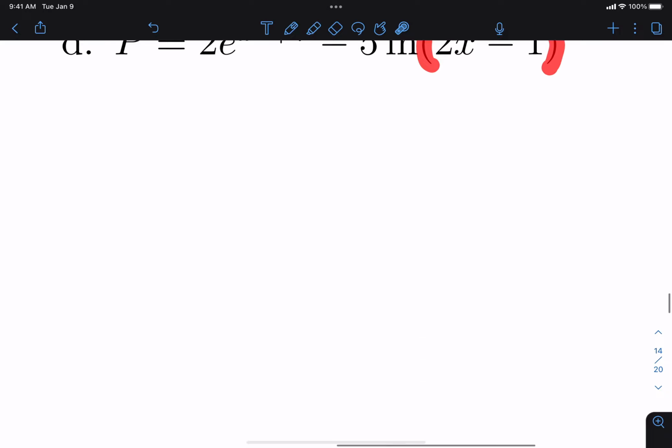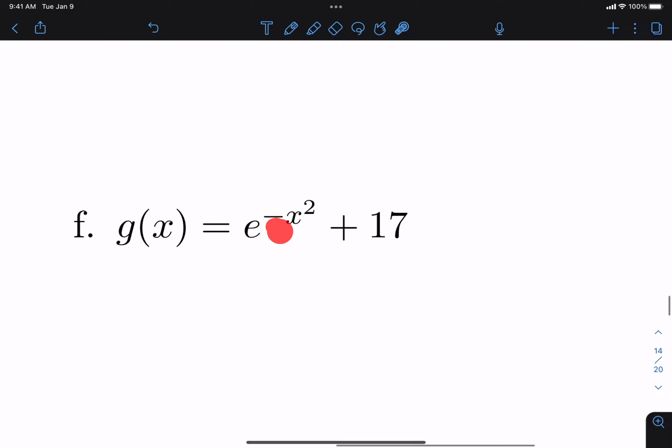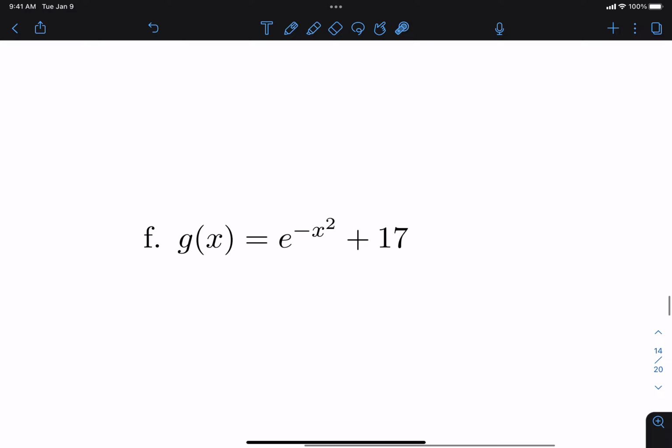Or on this one, I see negative x squared inside of another function. That's when I know I need to use the chain rule. From then on, it's identifying your inside and your outside function and remembering the rule, which basically just says f prime of g times g prime.